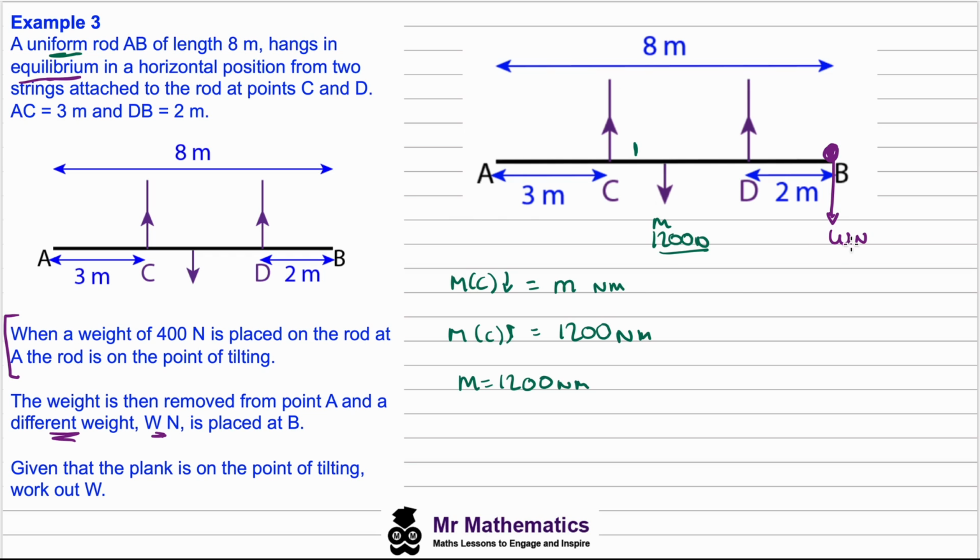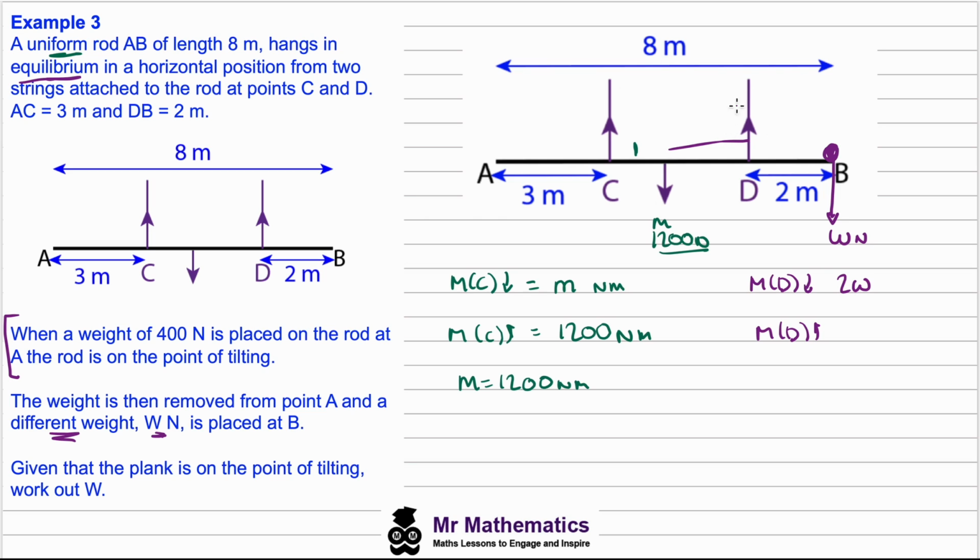And when W is applied at B, it's on a point of tilting, which means we've got no normal reaction at C, it's all at D. So we'll take the moments from D. The clockwise moments will be the distance 2 times the weight W, so 2W. The anti-clockwise moments from D will be the 1200 newtons multiplied by this length.